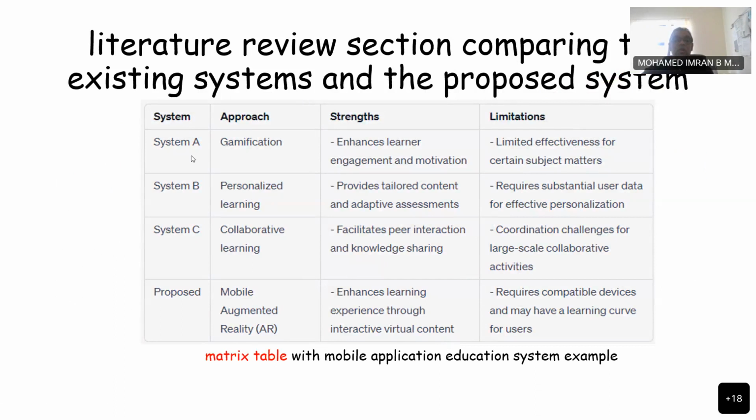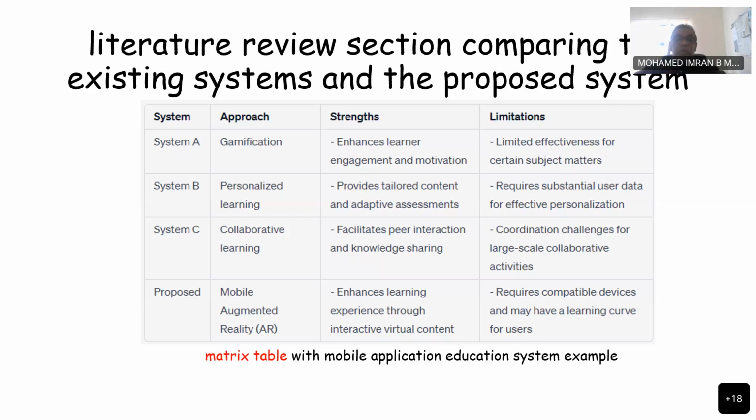You have to go through the literature, and you find that there are 3 systems, System A, B, C, which have been developed and use different approaches. Then you also highlight for each system the benefit or advantage. Next, based on that, you come up with some limitations. You read the journal, find out the limitations, and finally, you propose a new approach using a new system that has higher strengths but reduces the limitations. Right?